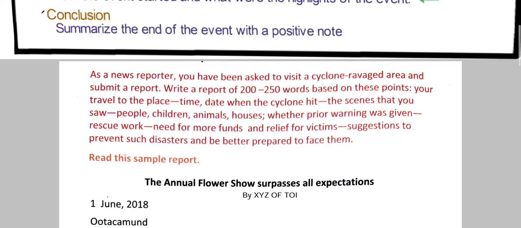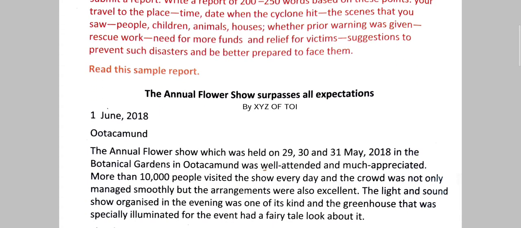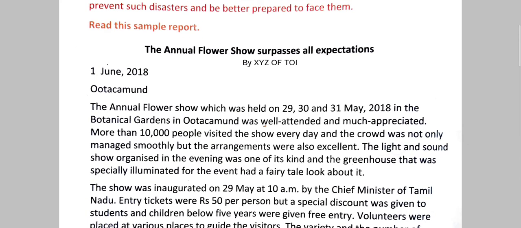Here is the sample of the report. The annual flower show surpasses all expectations. Now after that, who reported this report? We mention it by XYZ of TOI, Times of India. Now the date, 1st June 2018, and the place, Udhagamandalam, and then the body of the report.